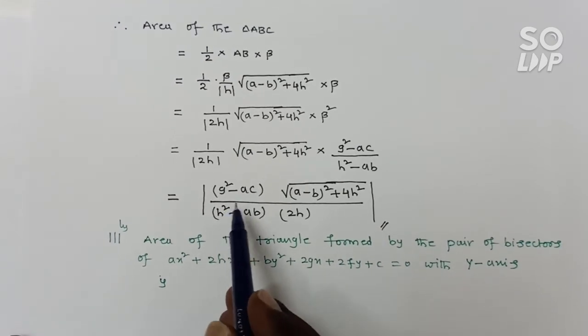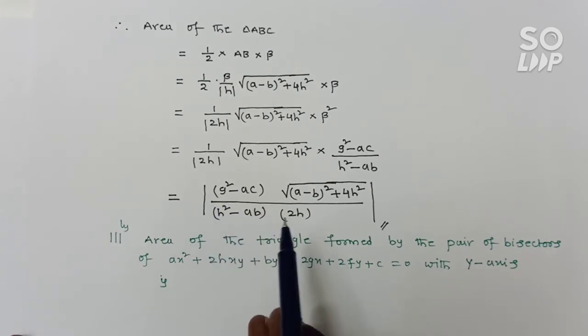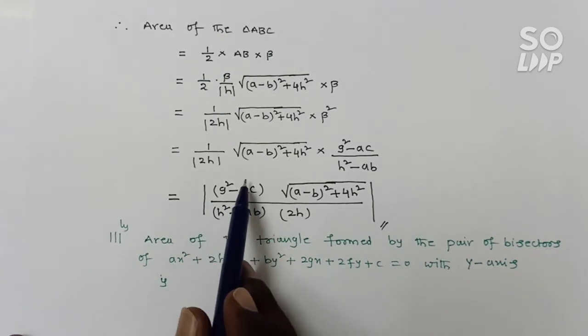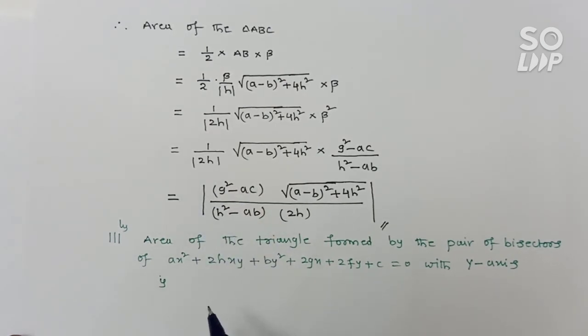By observing the above formula, here g square minus ac is there. Now in this value you replace it with f square minus bc.